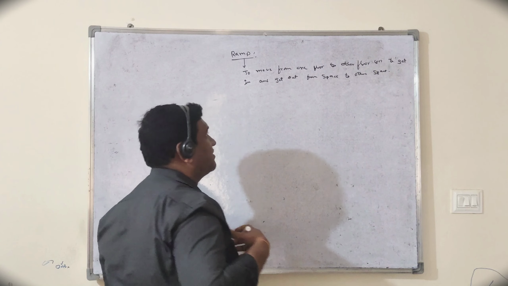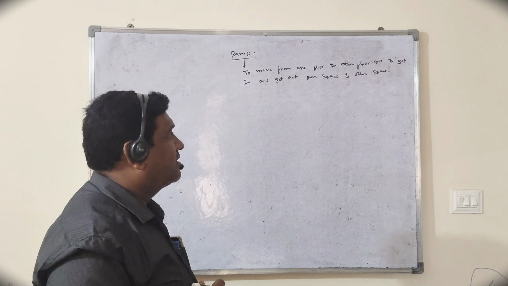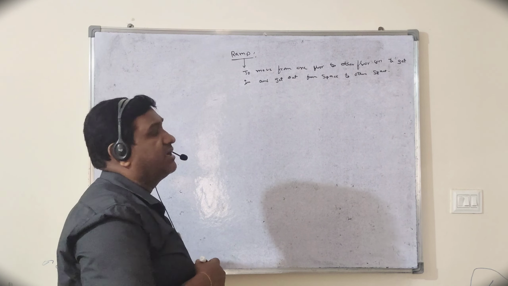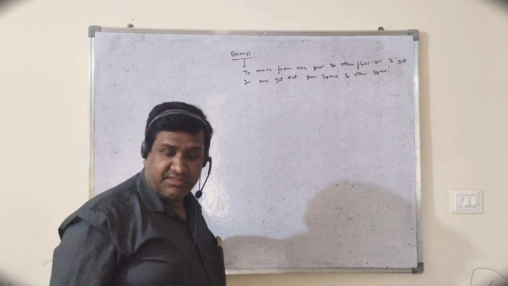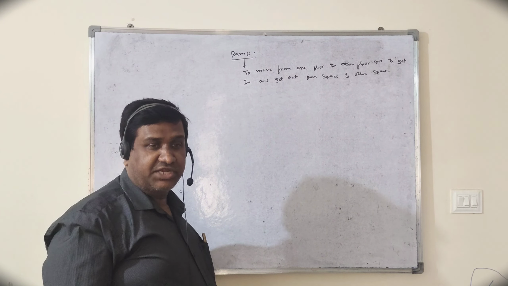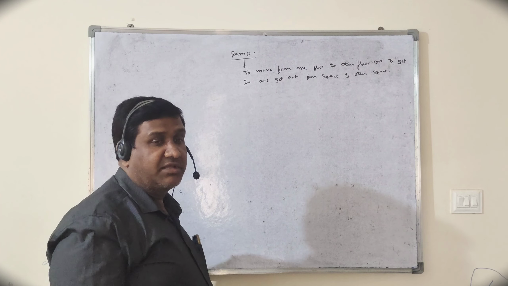So that area we will utilize a ramp. With the help of a ramp only, we have to move from one part to another part. And this is for utilizing the project based on the requirement of the ramp.